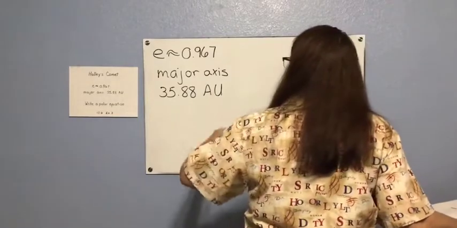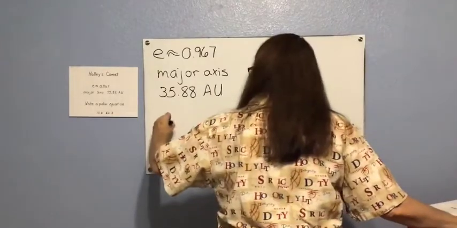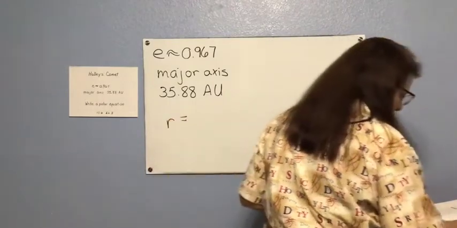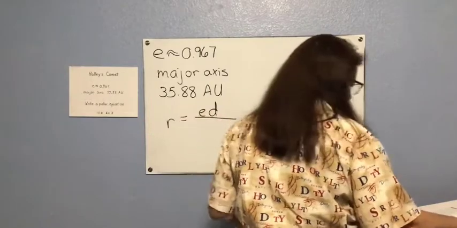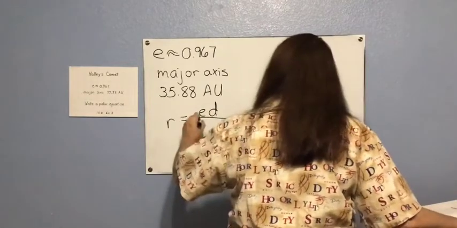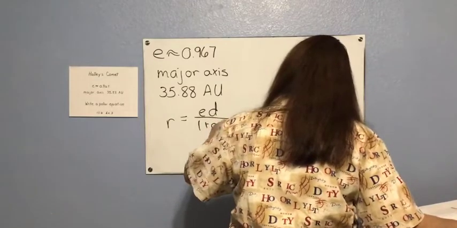If we assume a vertical orientation for this ellipse, I can write the equation this way. r is equal to ed over 1 plus e sine theta.